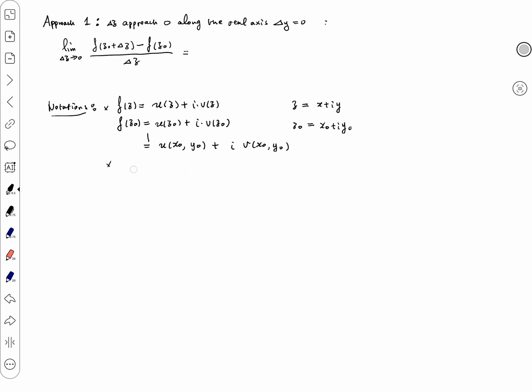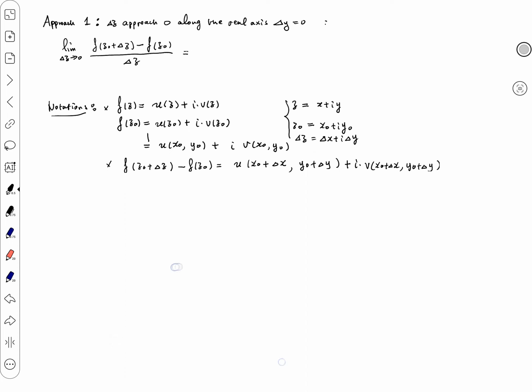And so in particular, we have f(z naught plus delta z) minus f(z naught). This could be written as u(x naught plus delta x, y naught plus delta y) plus i v(x naught plus delta x, y naught plus delta y).